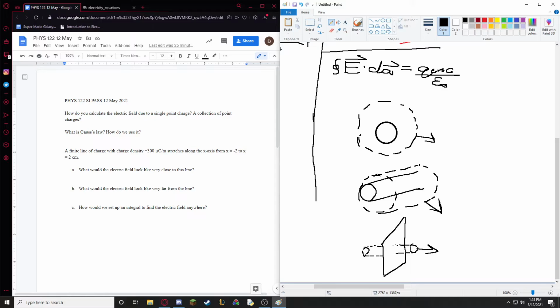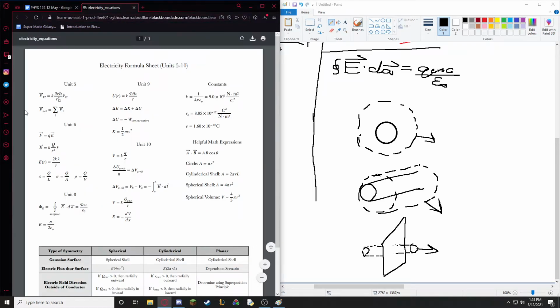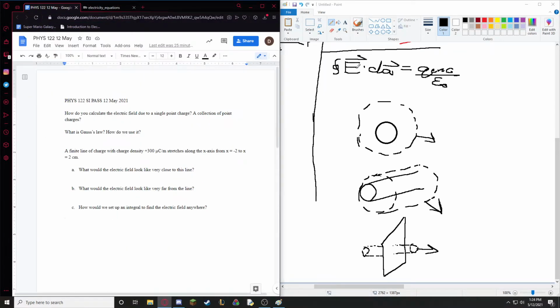The electric field. Exactly. We want to find the electric field itself. Because Gauss's law is just the definition of flux. So the electric flux itself is this integral, but we don't really care about electric flux, we want to find the electric field. How do we find the electric field using Gauss's law?